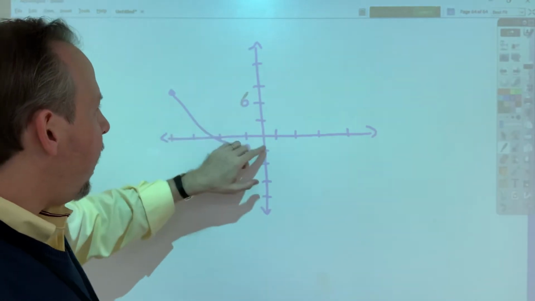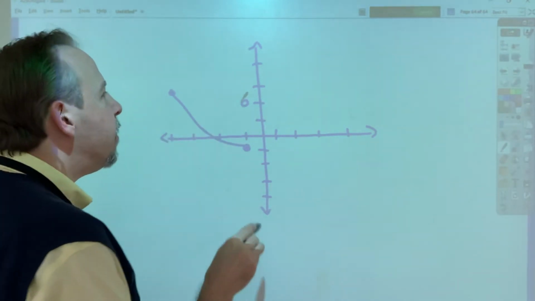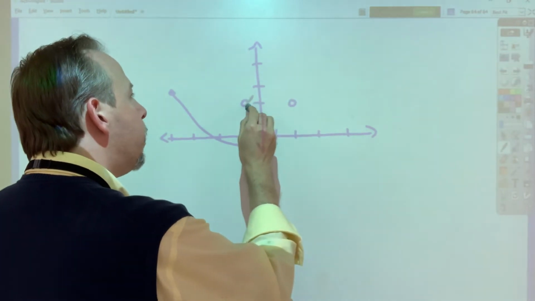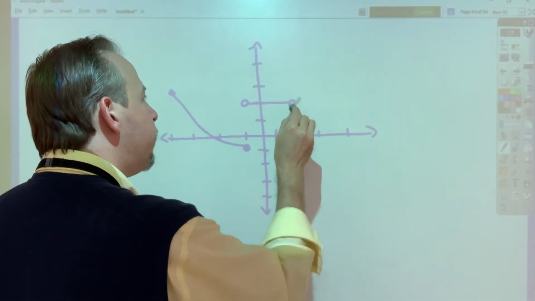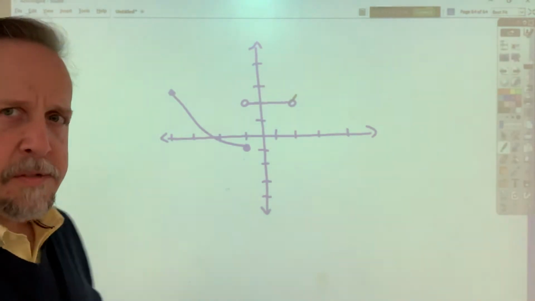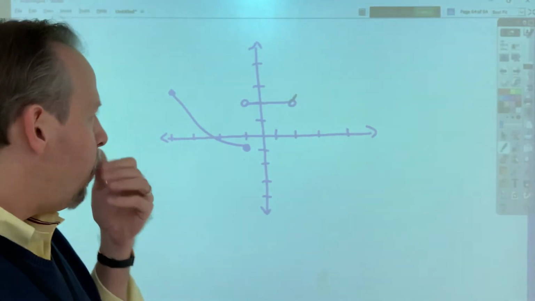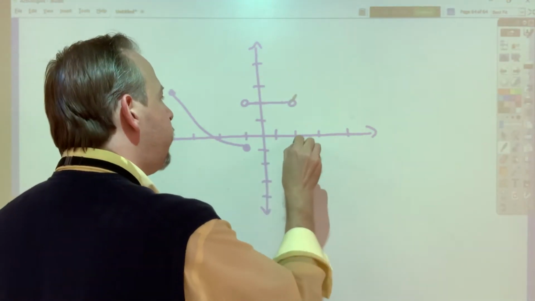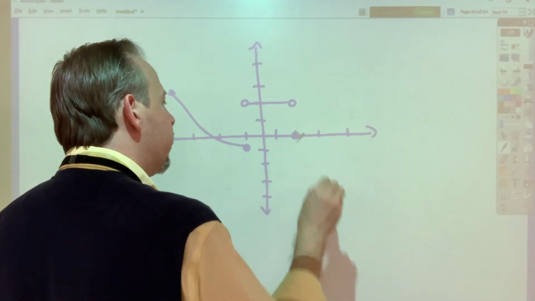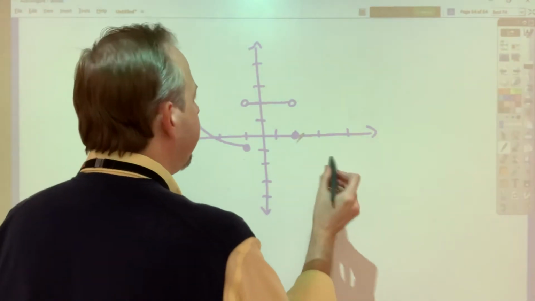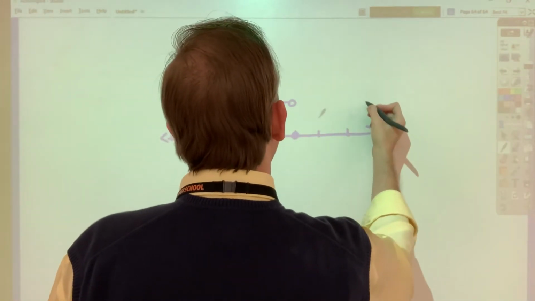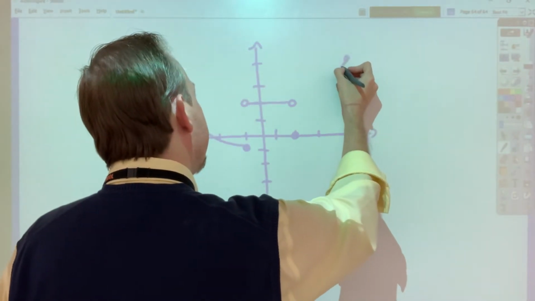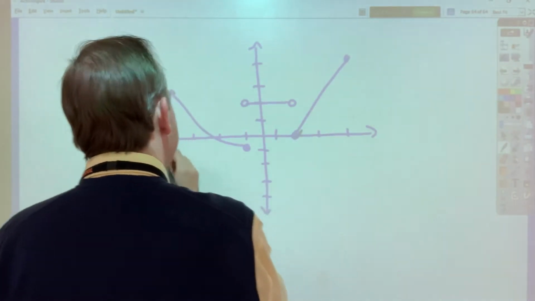But starting at -1 and going all the way to +2 on the x-axis, it's flat. And then at 2 on the x-axis, solid dot, and it's going to go up until we get to 4, 4, like that.